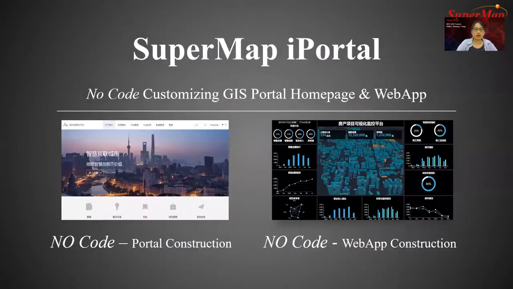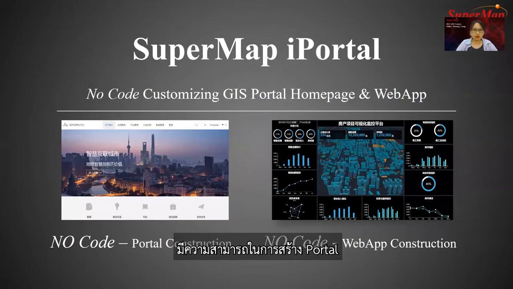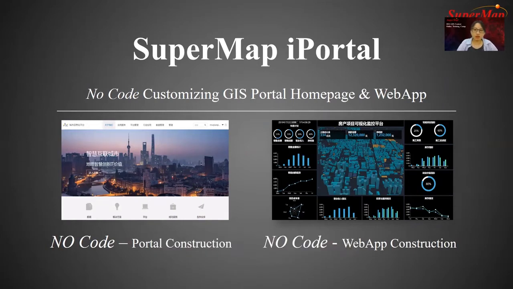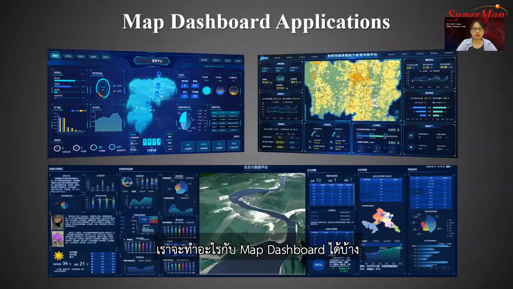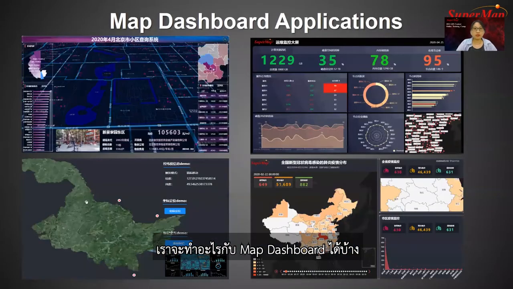It has the capabilities to construct the portal and also construct web apps with no code. So it is an easy-to-use tool. So what can we do with the map dashboard?